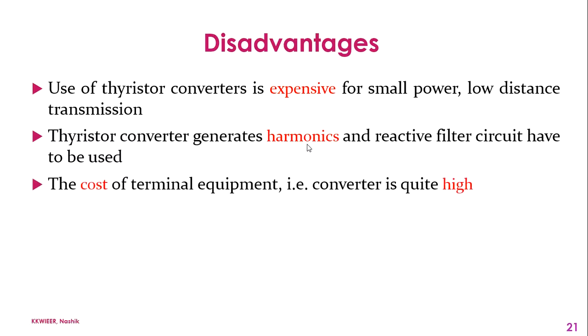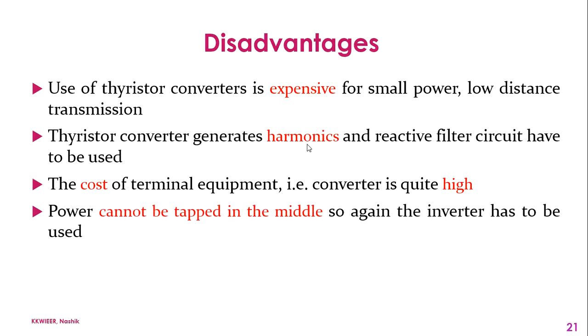Then the cost of terminal equipment, that is the converter, is quite high. So this is quite expensive, and the power cannot be tapped in the middle, so again the inverter circuit has to be used. So these four are the disadvantages of the HVDC transmission line.